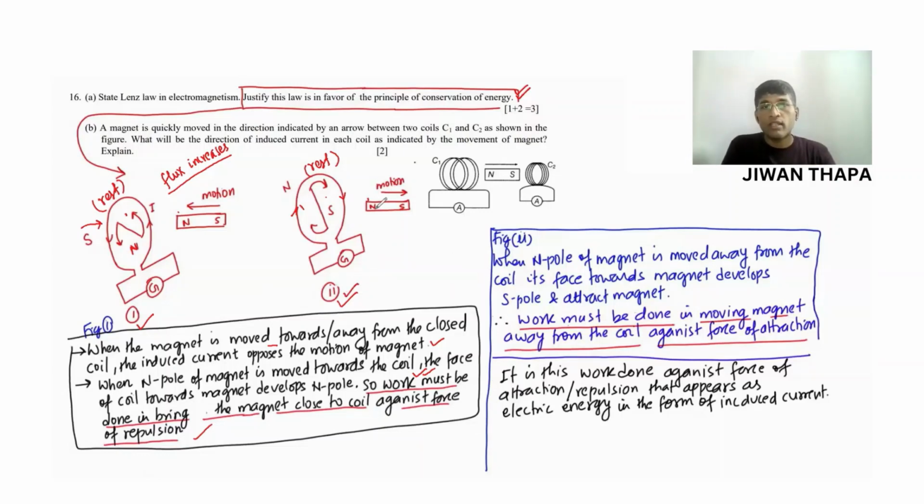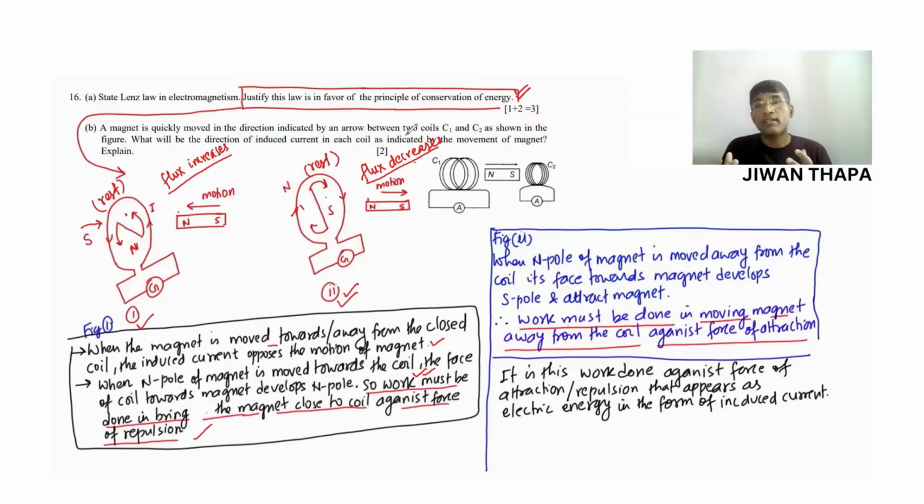Now let us come to figure 2. When the north pole of the magnet is moved away, the flux passing through the coil decreases, because we are moving the bar magnet away from the coil. Now, the induced current produced in this coil opposes the decrease in flux.